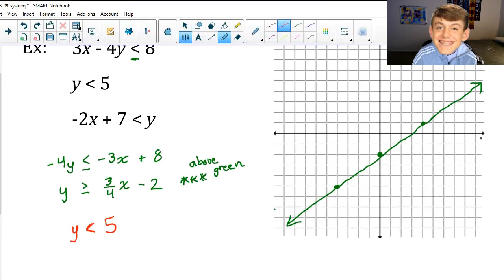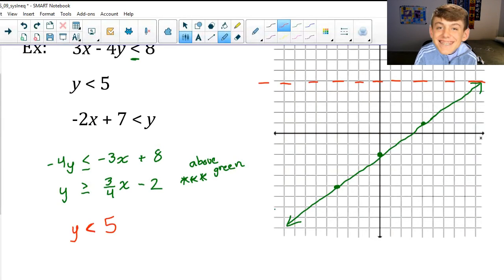My second equation, y less than 5. Well, y equals 5 would be the equation for a horizontal line. Remember, y equals makes a horizontal line, x equals makes a vertical line.